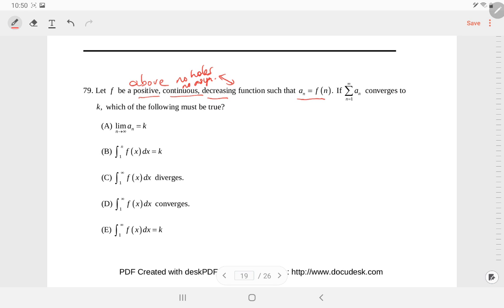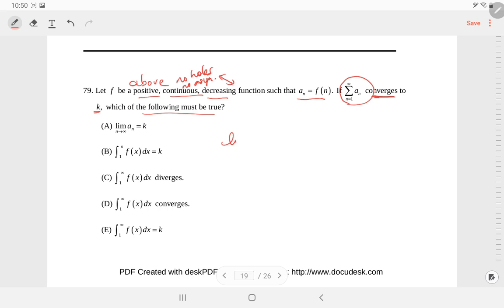Okay, so if this converges, which of the following must be true? So we have a convergent sequence. So it definitely converges. It's not alternating. I feel like this one has to do with the nth term test for divergence.